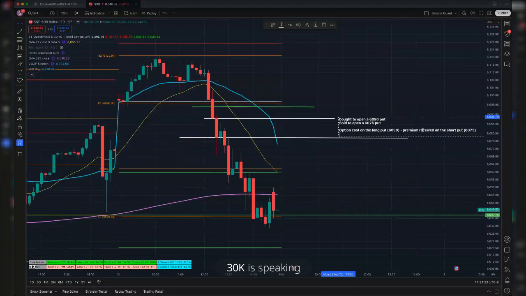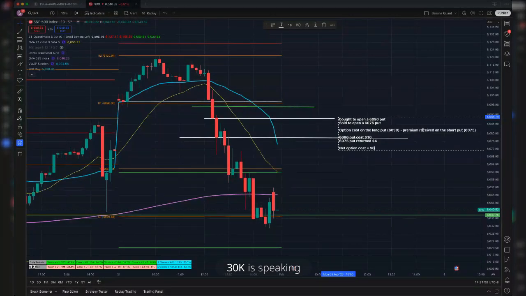Hypothetically, we'll say the 6090 put costs $10. The 6075 put returned $4. Net option cost equals $6.